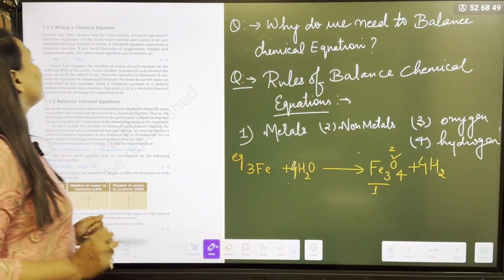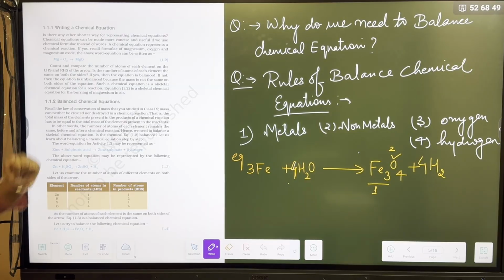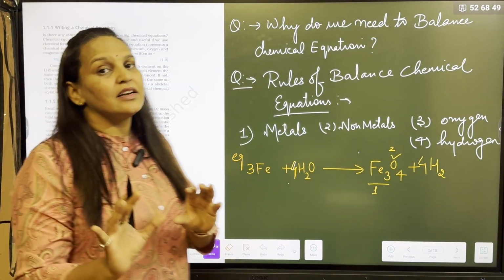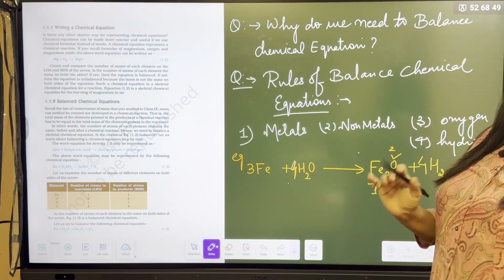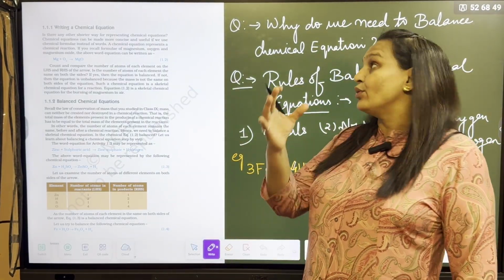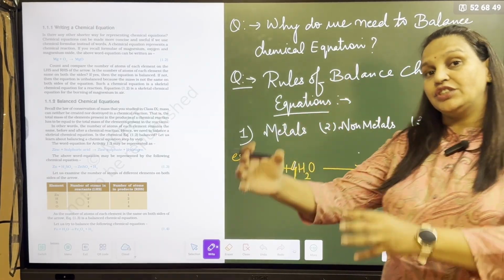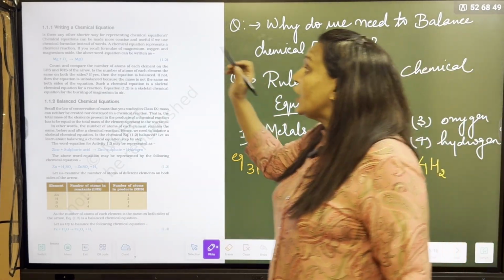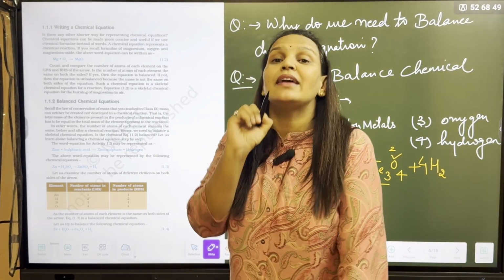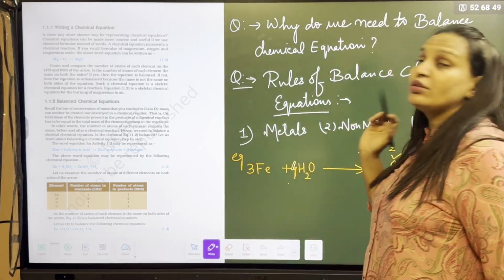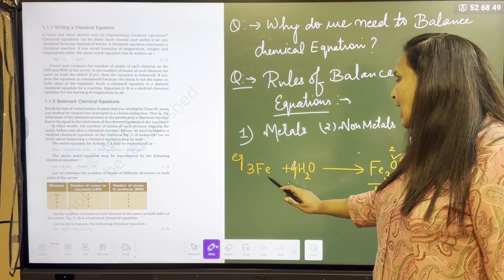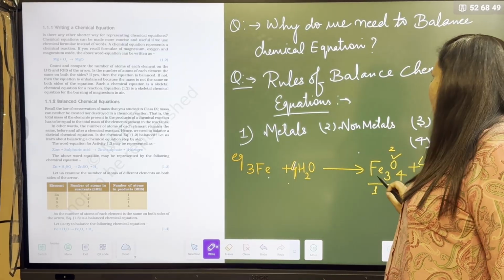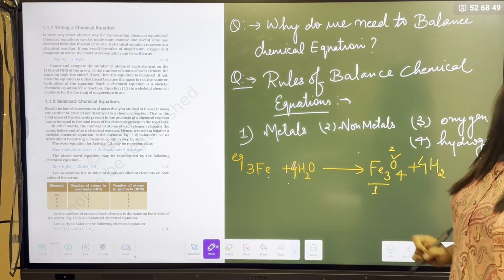Now, third question is, how do we write a chemical equation? First of all, what is the difference between chemical reaction and equation? Chemical reaction means when we say the words, hydrogen reacts with oxygen to form water. Equation means symbolic representation. When you write any equation in terms of symbols, like iron plus water gives you Fe3O4 plus H2.